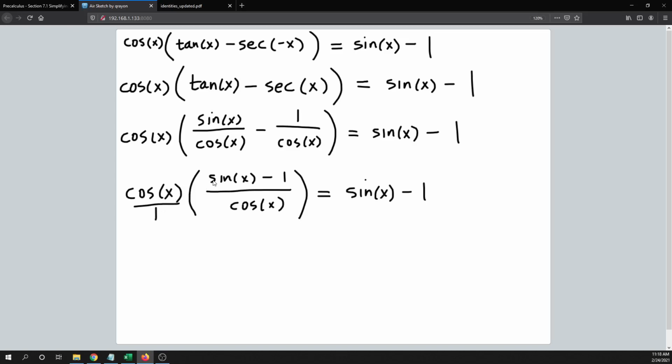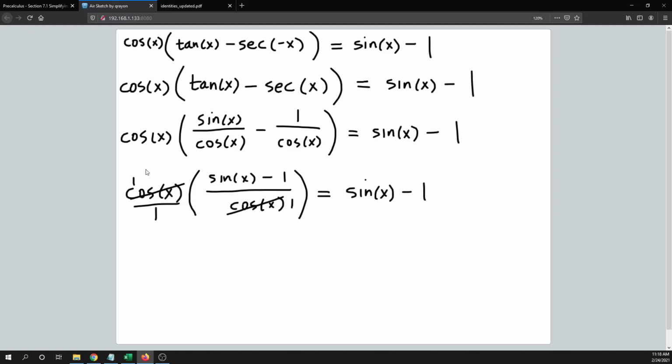I'm multiplying cosine x over 1 times the fraction sine x minus 1 over cosine x. And so I have a common factor of cosine between the numerators and denominators here, so that can be canceled out. Cosine x goes into itself one time, and cosine x in the denominator will go into itself one time.